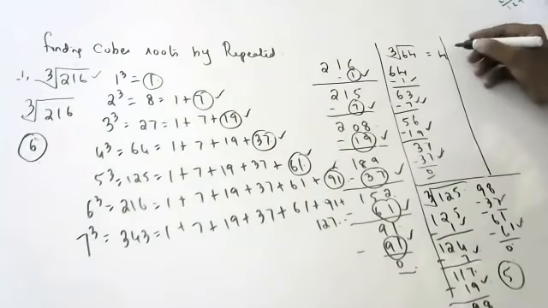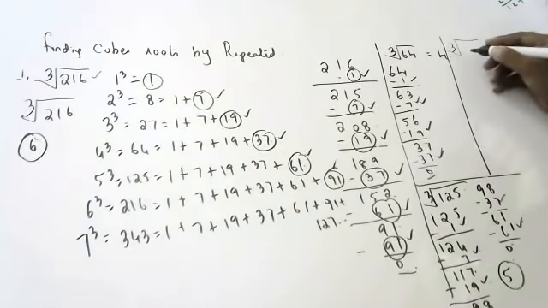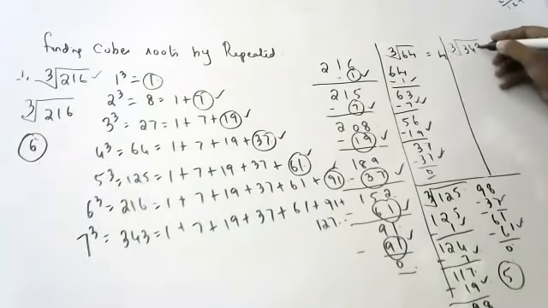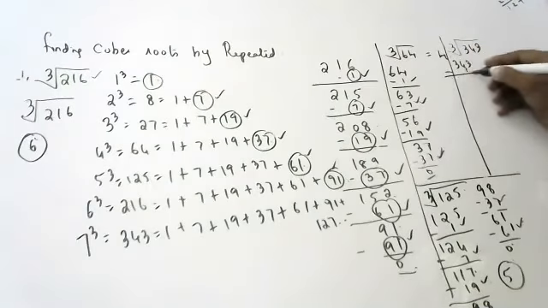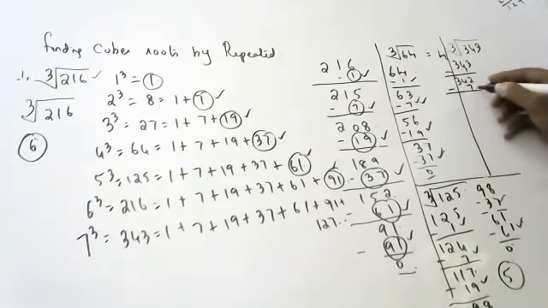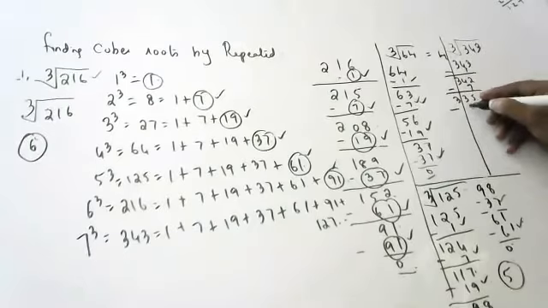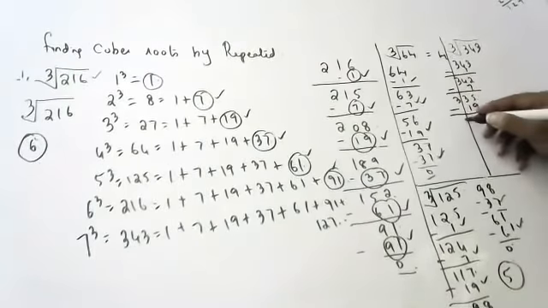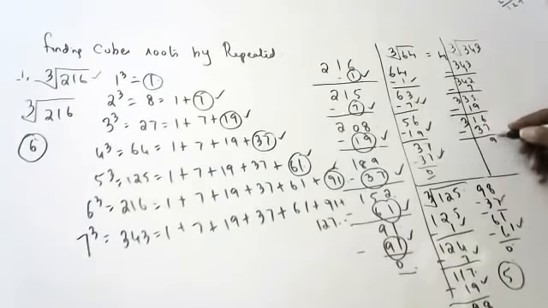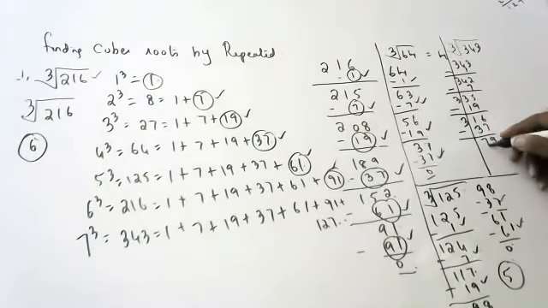Last one, after cube roots of 125, 64, 4, 5, 6, comes 7. What is 7 cube, children? 343. Let's do 343. 343 minus 1 is 342. 342 minus 7 is 335. Minus 19 is 316. Minus 37 is 279.